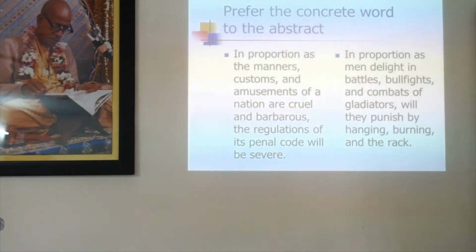Manners, customs, and amusements become battles, bullfights, and combats of gladiators. Picture words. There's no picture to manners or customs or amusements, whereas battles, bullfights, and gladiator combats call up vivid pictures. And we think in pictures. We think in specifics.